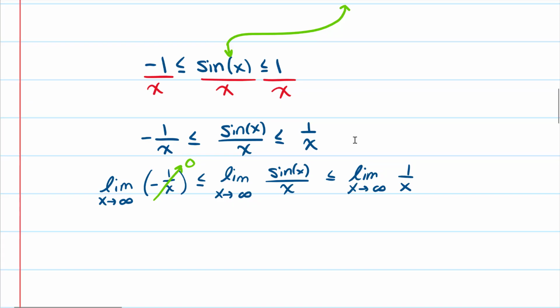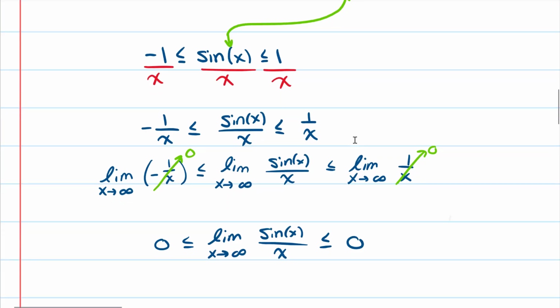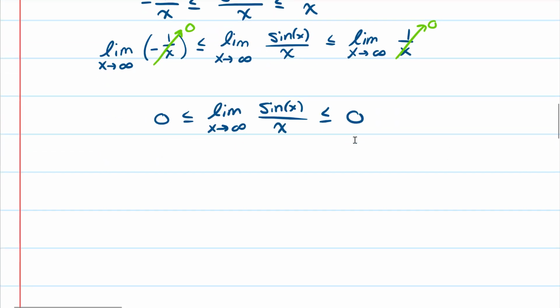So we get closer to 1 over 1,000, 1 over 10,000, 1 over 10 million, which is basically 0. So then we get 0 is less than or equal to the limit as x approaches infinity of sine of x divided by x, which is less than or equal to, and again this limit goes to 0, so it's less than or equal to 0. And so now we're done. We just have to write our conclusion.